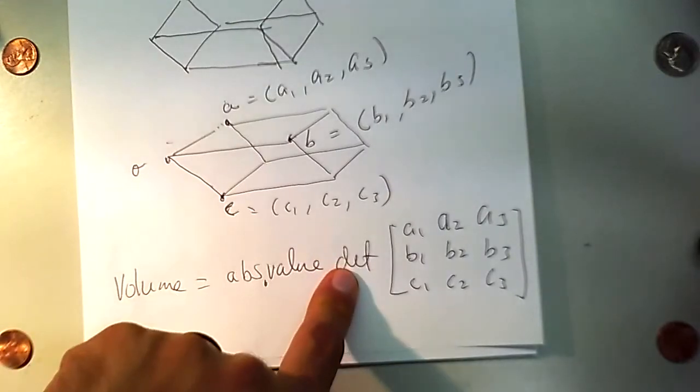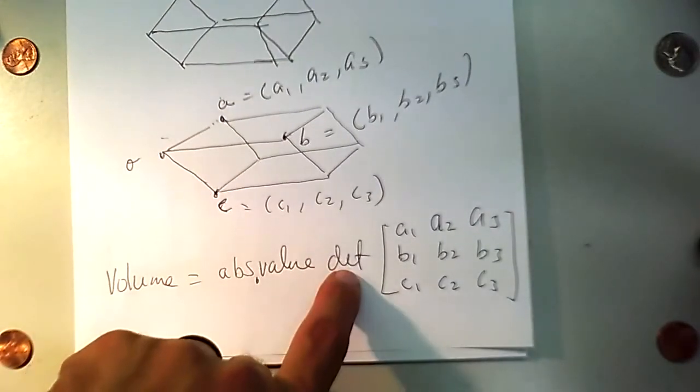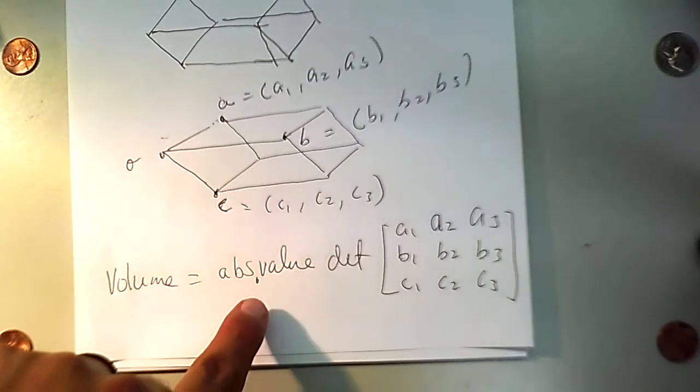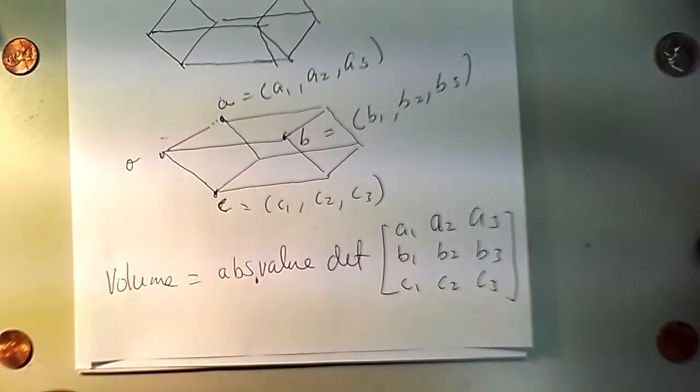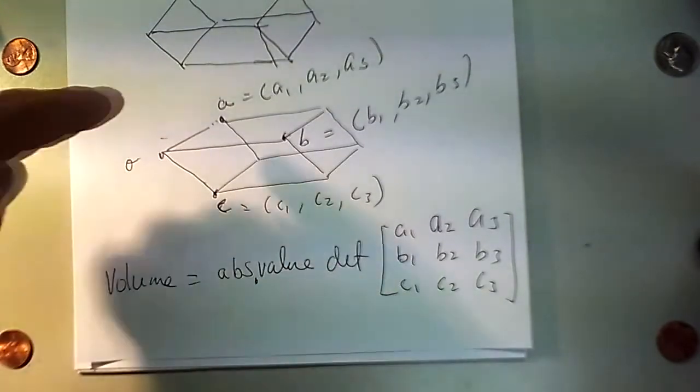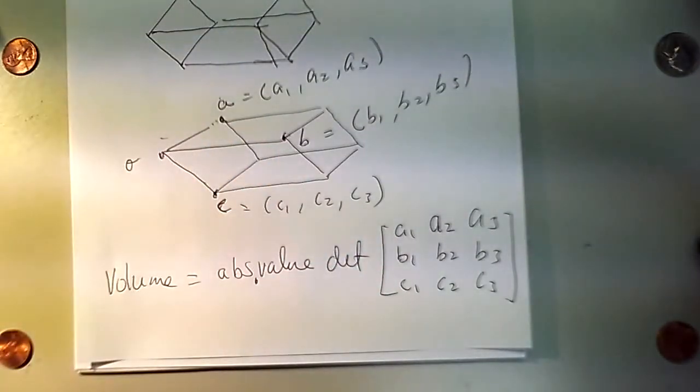That determinant could be positive or negative, or it could be zero. When we take the absolute value of that determinant, we're going to end up with a positive number or zero. If the determinant is zero, that means that the four vectors are coplanar.